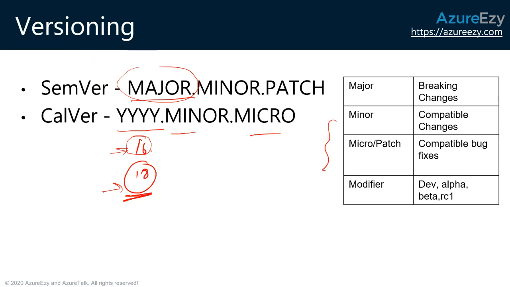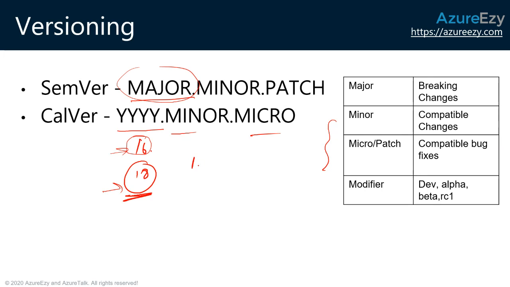There are various other versioning systems, but these are the few which are popular among major package management systems. People use these kinds of versioning systems so that whenever they are updating certain things in their package, they change the version number accordingly, so that the consumer will be aware if at all I am upgrading, all right.